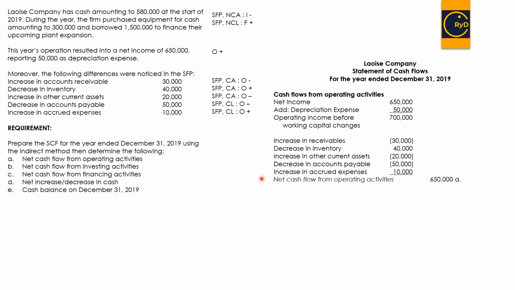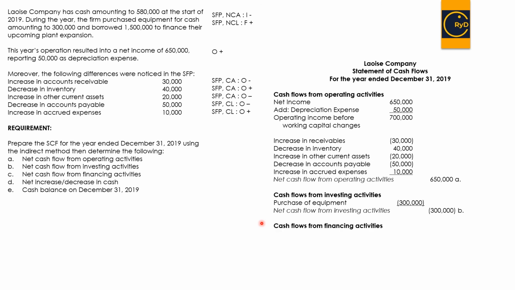So we just sum it up to get our net cash flow from operating activities at 650,000. Then we proceed with our cash flows from investing activities. So here we have purchase of equipment at negative 300,000. Since there are no other activities left for investing, we can already get our net cash flow from investing activities, still at negative 300,000. Then we proceed with our cash flows from our financing activities. So we received cash from our long-term borrowing at 1.5 million.